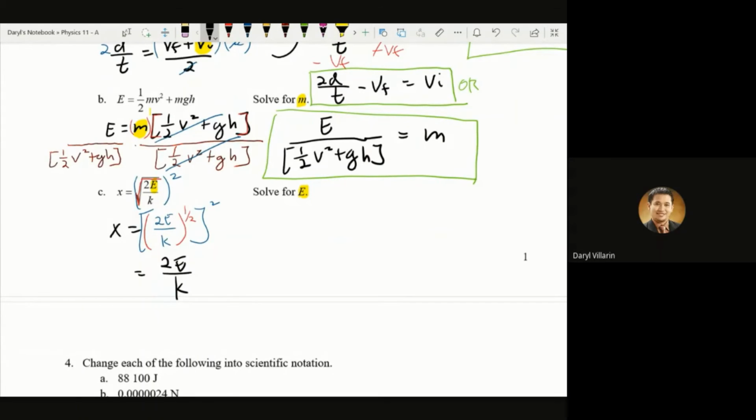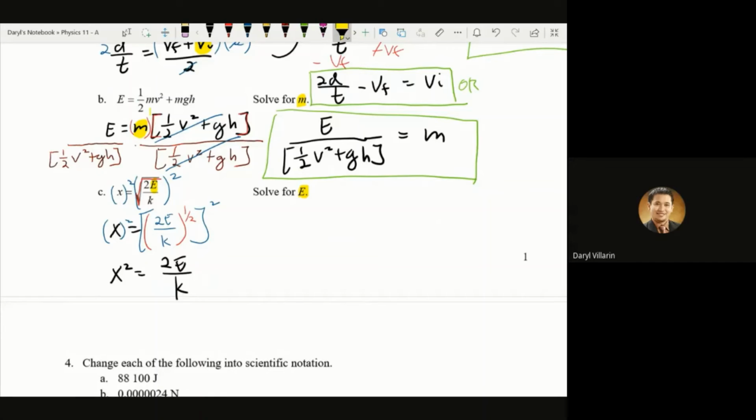But that is one side of the equation. The other side, again, whatever you do in one side of the equation, you also do in the other side. So if I'm gonna take the square, this becomes x squared. So somehow, in that particular case, I was able to get rid of my square root symbol.